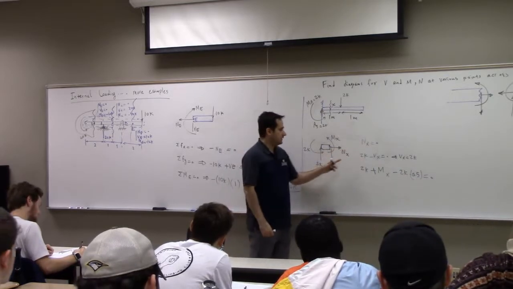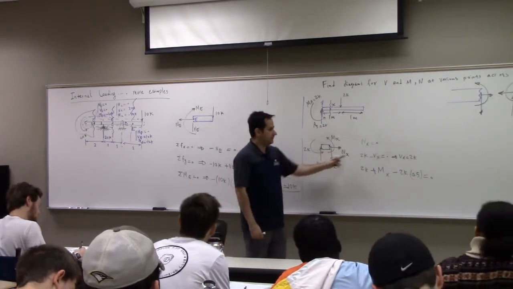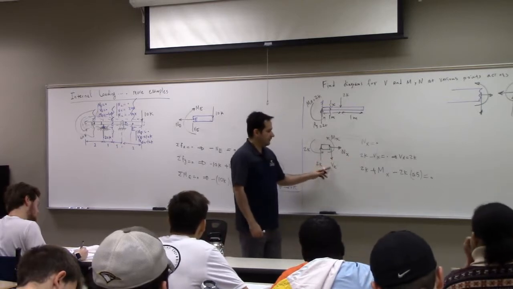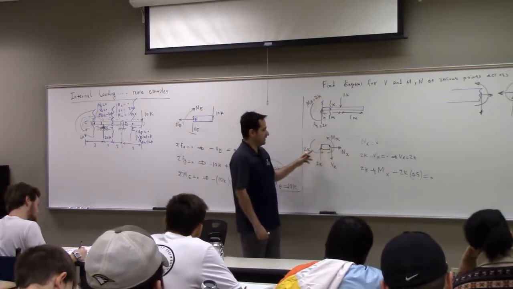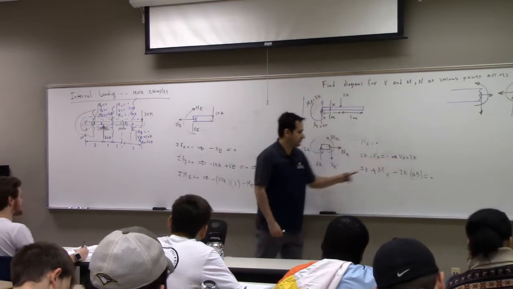Summation of force in Y: you get 2K, negative VX, and there is nothing else in the Y direction, so 0, and VX is equal to 2K.